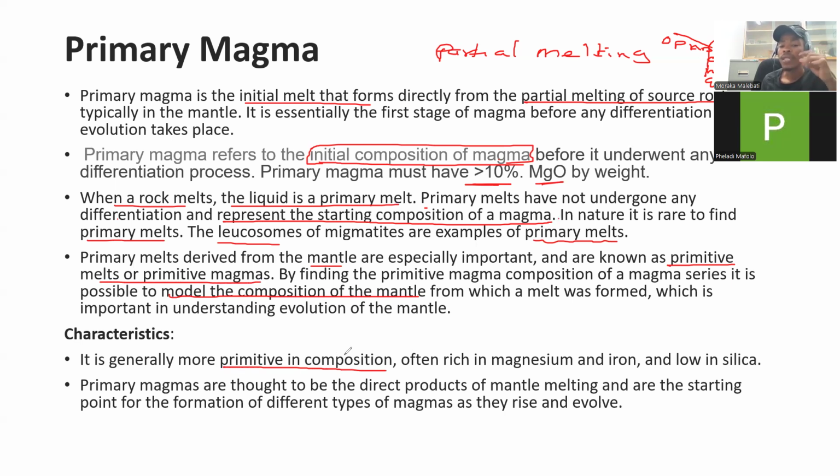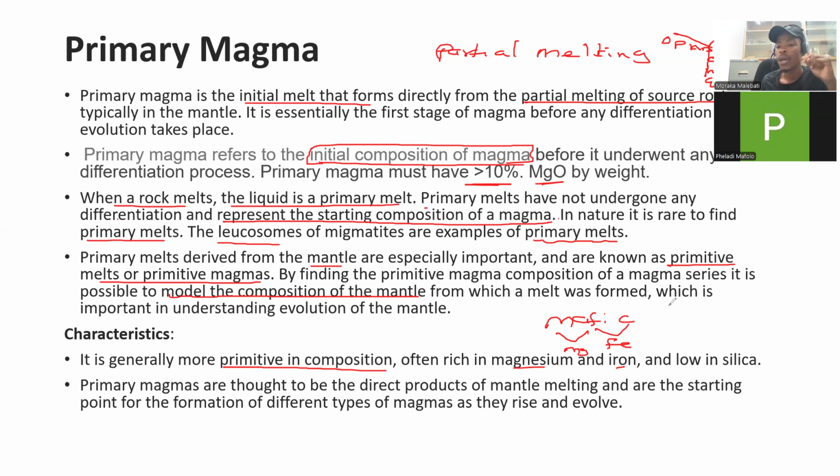And obviously it will be rich in magnesium and iron, because we know that in ultramafic or mafic, fic means iron, and Ma means magnesium. So mafic has a high amount of magnesium and iron. And if we have ultramafics like mantle rocks, obviously they will have an extra amount of magnesium and iron.